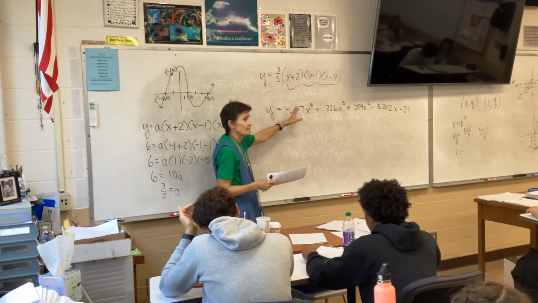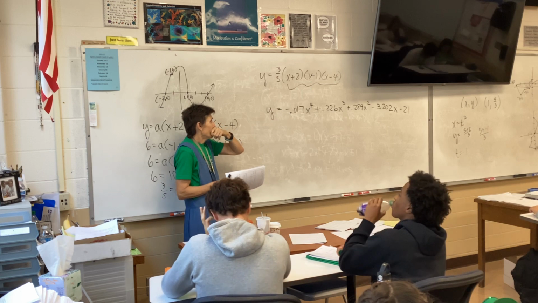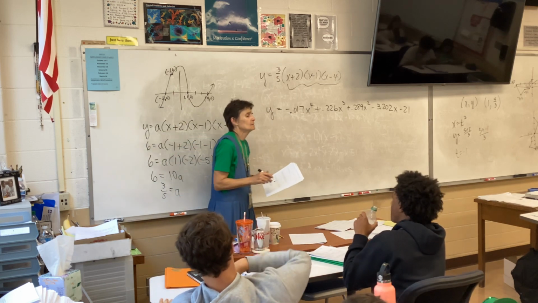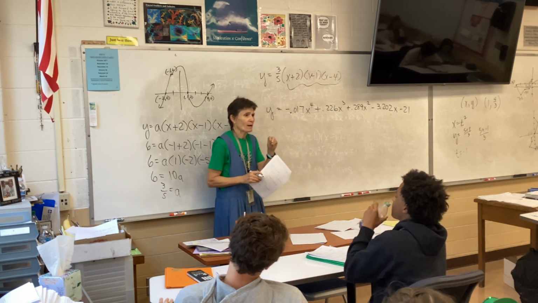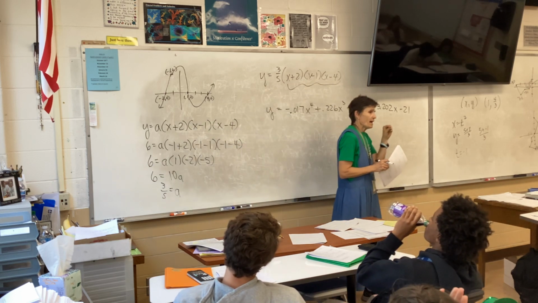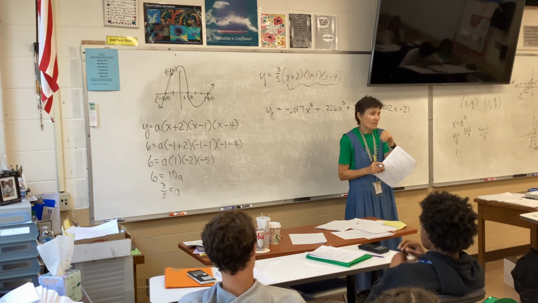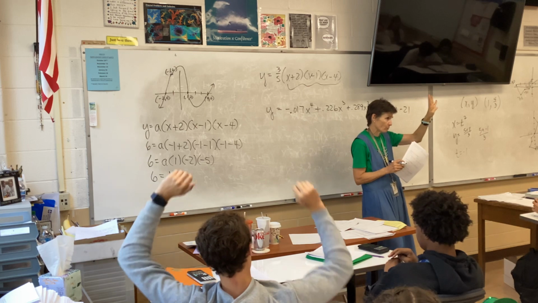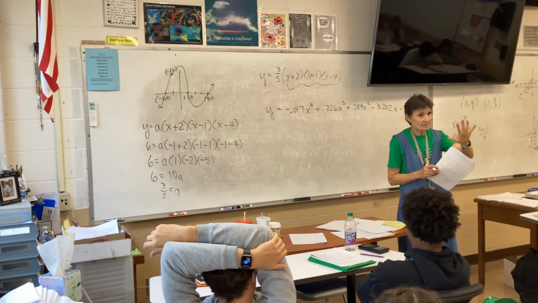That was pretty easy. One quick comment about this. How many points did I give you? 5. When you do a regression, you have to have at least one more point than the degree of the regression that you're doing. So if we're going to do a quartic regression, we have to have at least 5 points.